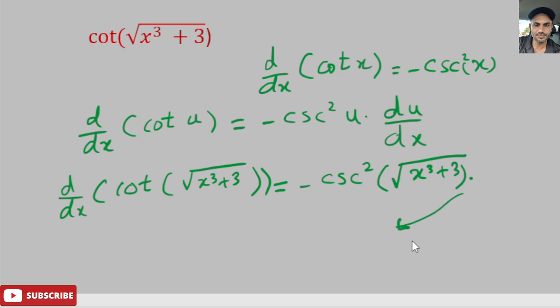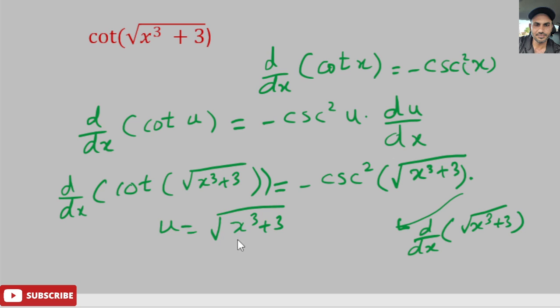So I'm going to write it here, d over dx of square root of x cubed plus 3. Okay, so all I did is I plugged the function into the chain rule. So we get negative cosecant square of u, where u equals square root of x cubed plus 3, times the derivative of u. So in the next step, I'm going to write it down.